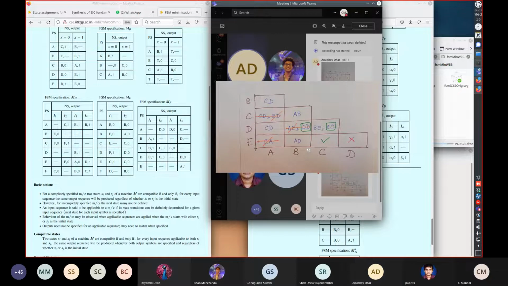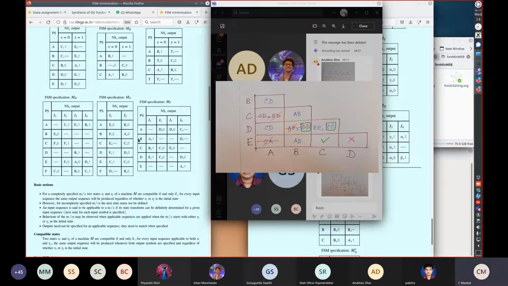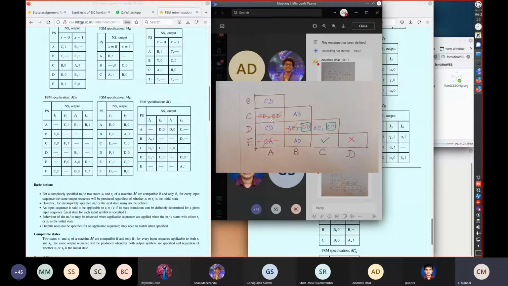Yes, sir. Okay, so let us check. A and B will depend on compatibility of C and D. A and C will depend on the compatibility of CD and DE.